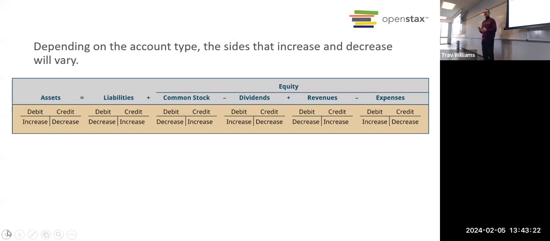The dividends reduce equity, expenses reduce equity, right? So if we have a dividend going up, equity is going down. So even though dividend is an equity type of account, the impact it has is it reduces equity. Same thing with expenses. When expenses go up, equity goes down. Okay?